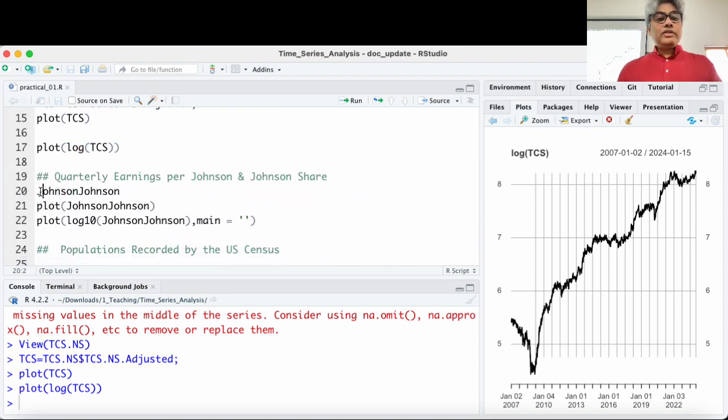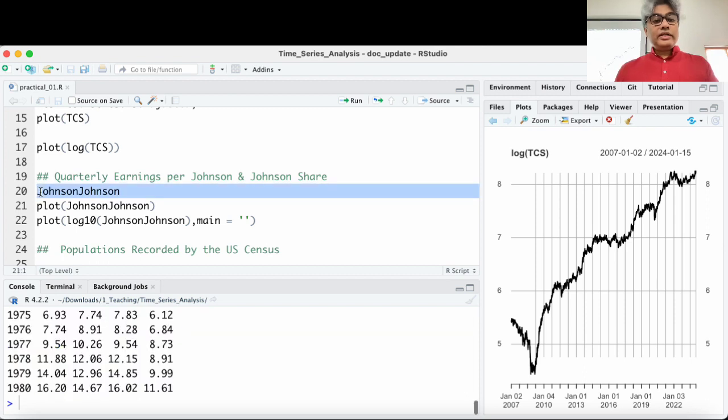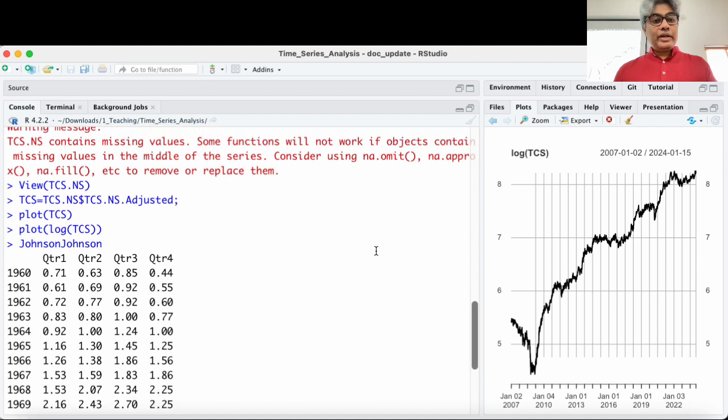Now here was the Johnson & Johnson data set. I just printed the data set. It's a quarterly data set: each quarter, what is their profit per share. These are like cents per dollar kind of, or per share value or something like that.